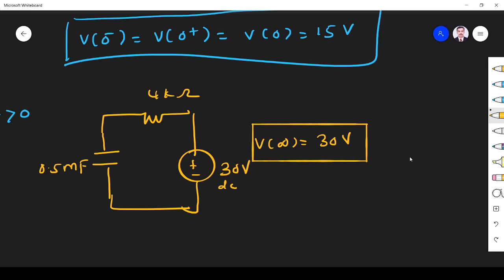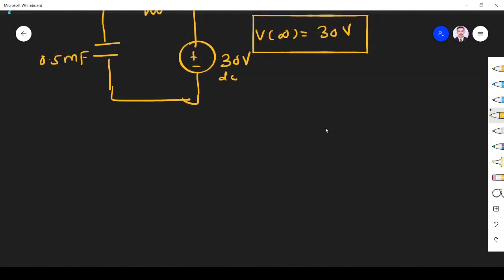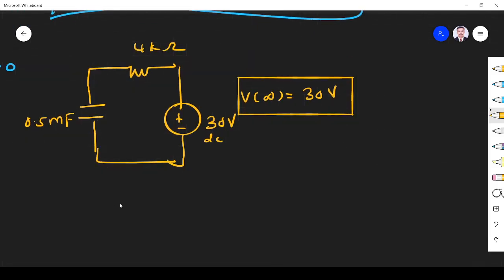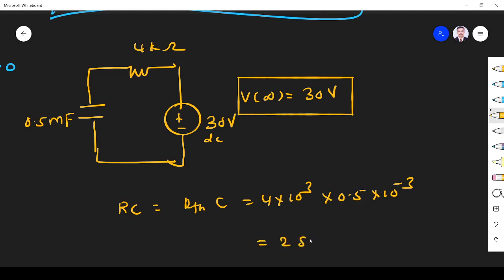Now we have to substitute in the formula. We got V0 and V infinity. We have to get RC, the time constant, where R is R Thevenin into C. Here there is only one resistor, so that is the Thevenin resistor. So 4 into 10 power 3, and C is 0.5 into 10 power minus 3. So that will be equal to 2 seconds, the time constant tau.